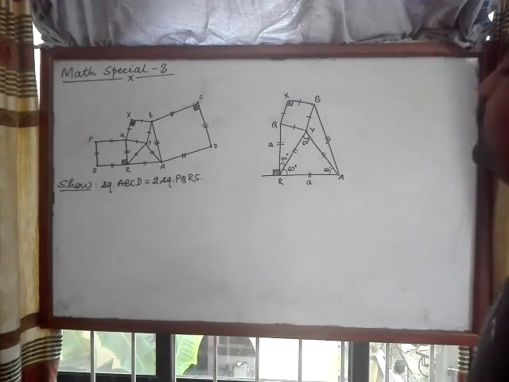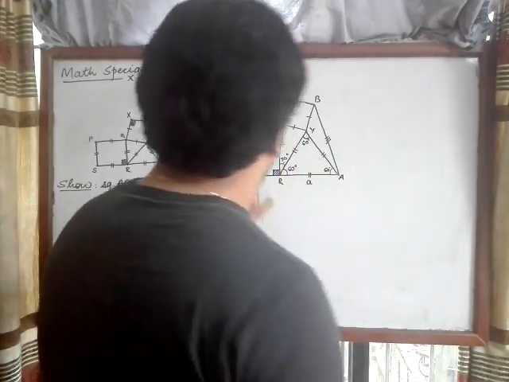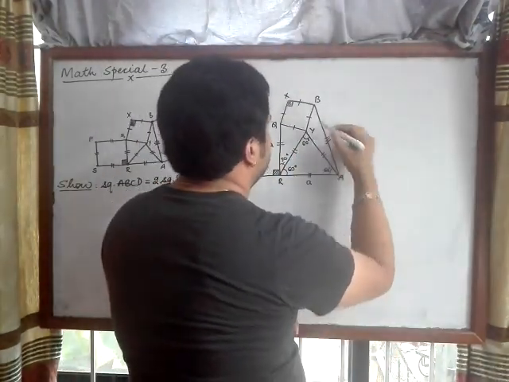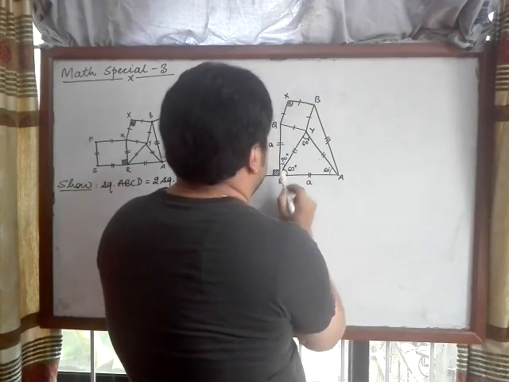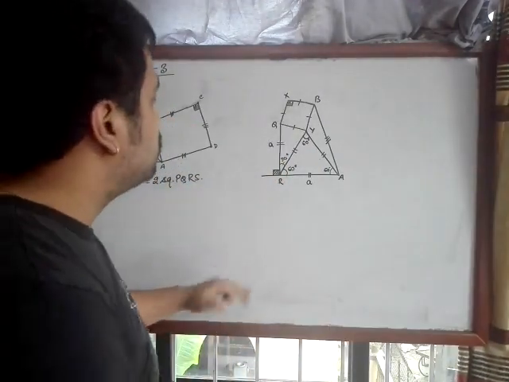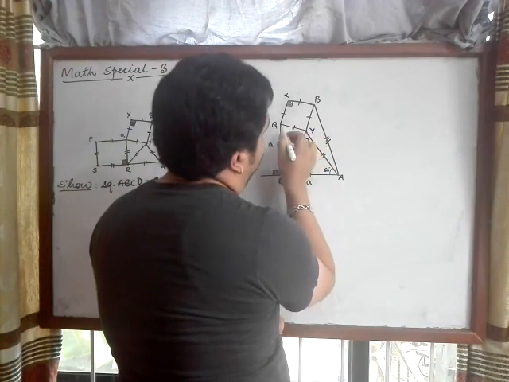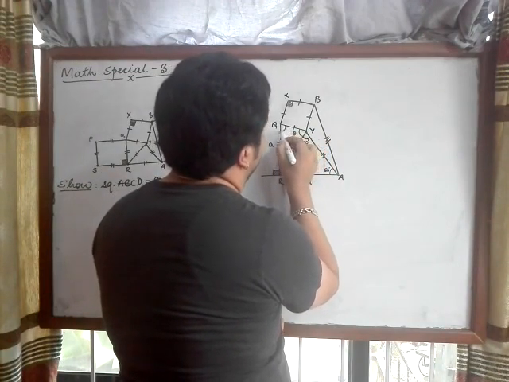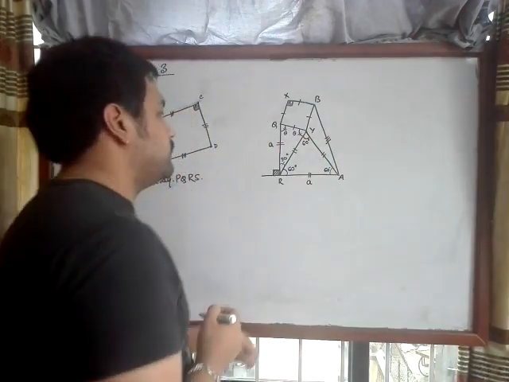Now let us look at triangle RQY. RY is equal to RQ by given conditions, and so this is an isosceles triangle, and this is the base of the isosceles triangle. So this is theta and this is theta. Let's assume that these two angles are theta.